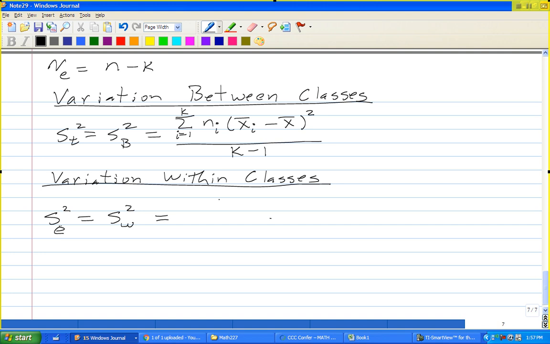This is the sum of the degrees of freedom times the sample variance, all divided by the sum of the degrees of freedom.